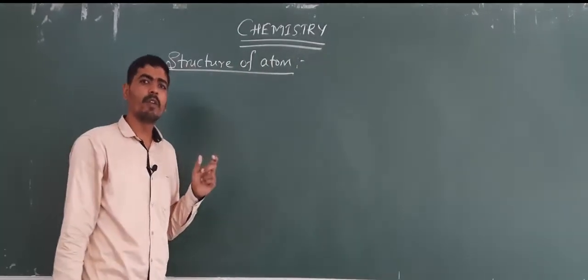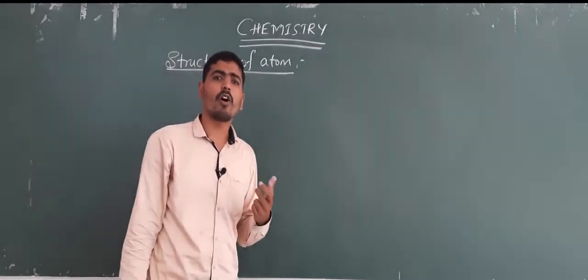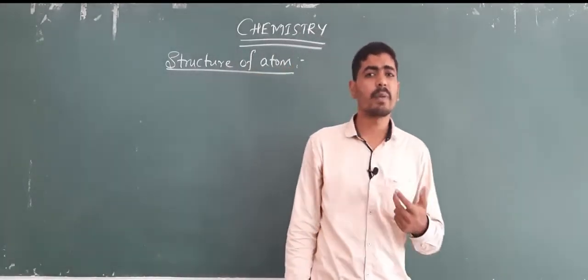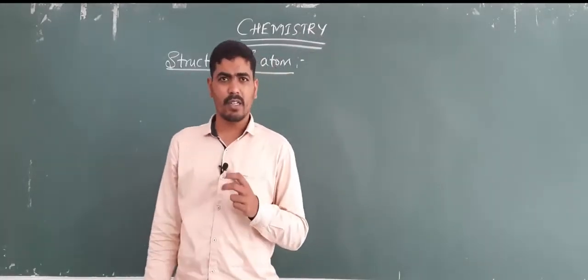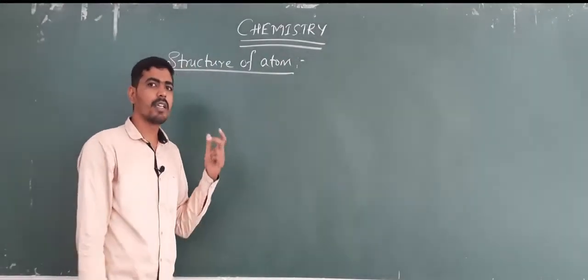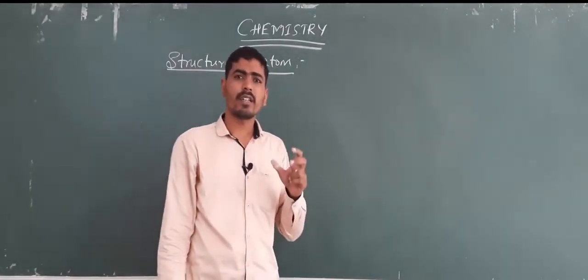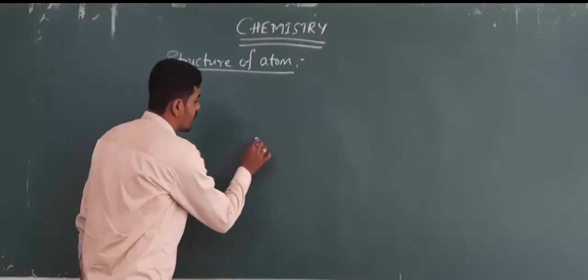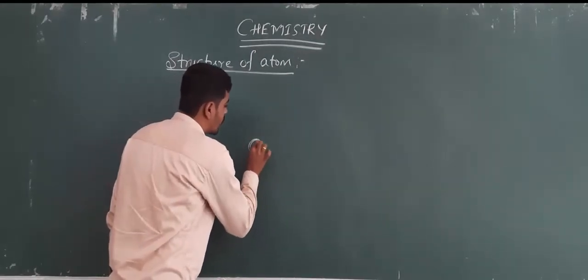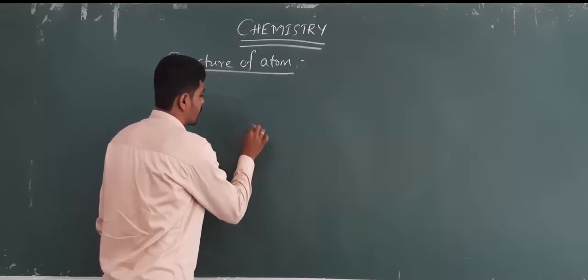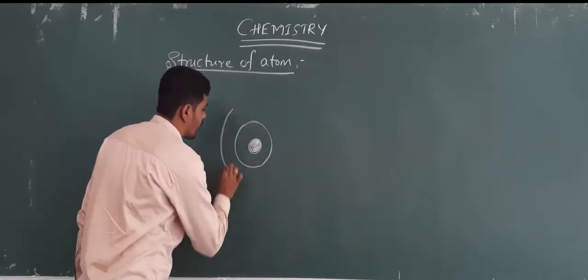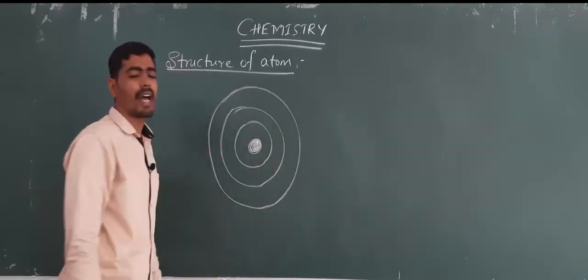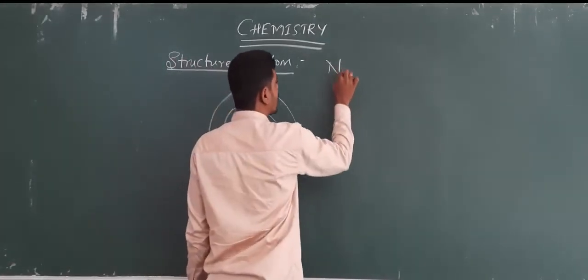Now in this video we will focus on how the structure of the atom looks. As there are many theories which explain the structure of the atom, here we only consider the structure of the atom that is very familiar to you. The structure of the atom was given by one of the scientists known as Bohr, Niels Bohr.